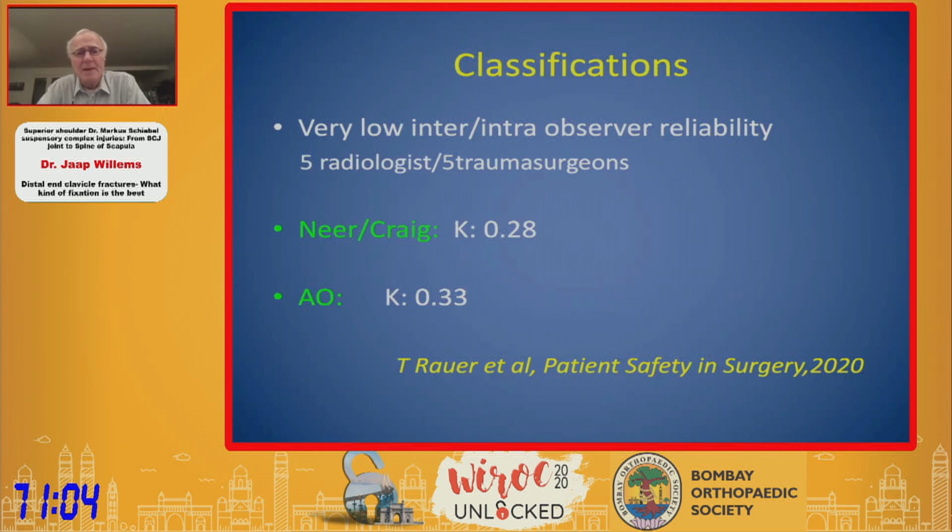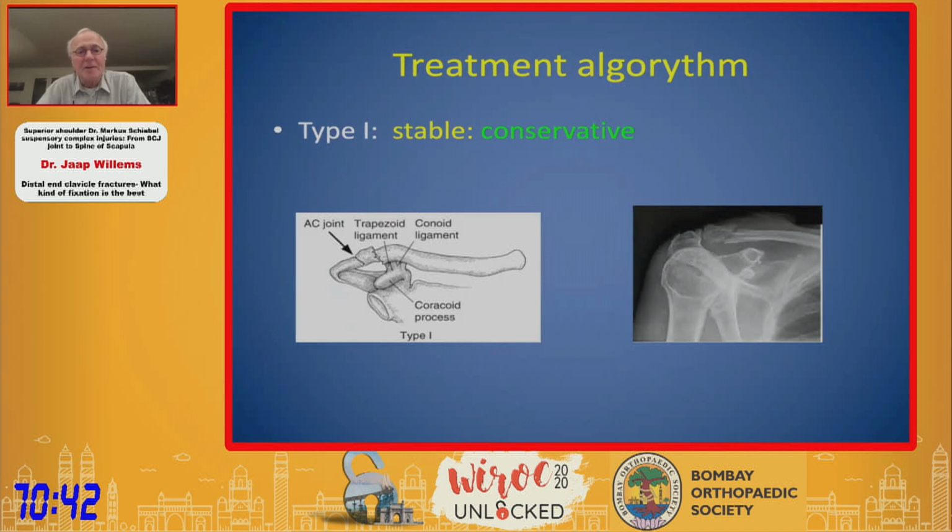So let's maybe talk about the Neer-Craig classification. However, even the Neer-Craig classification and the AO classification, the inter- and intra-observer reliability is rather low. So we should be aware, in all sorts of articles and lectures on the lateral clavicle fractures, that the definition might be different in different articles.